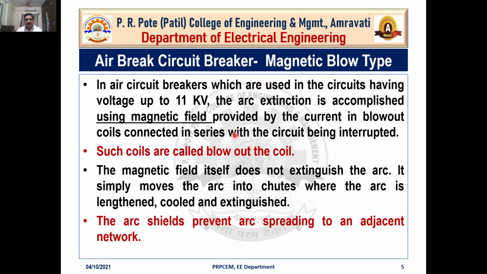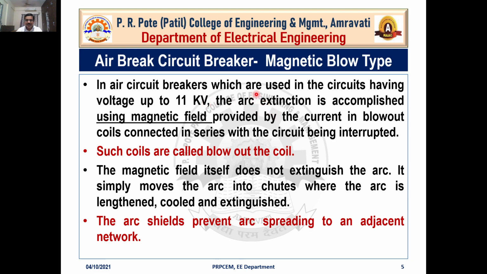The second category of air brake circuit breaker is called the magnetic blow type circuit breaker, and it has some advantages over the previous type, that is the plain type of circuit breaker. These circuit breakers can be used for circuits of above 11 kV.